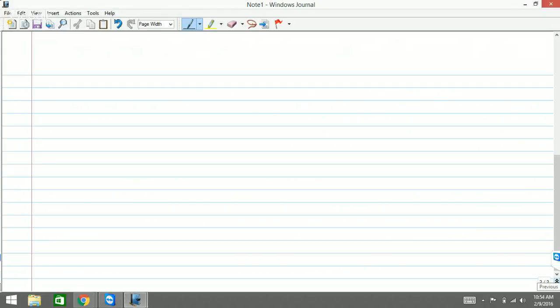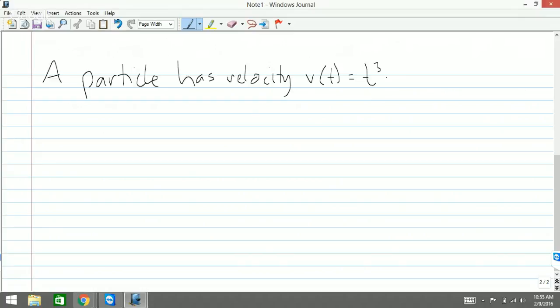All right. Let's look at a problem. So a particle. You're going to see particle motion problems a lot. It has velocity t cubed minus 10t squared plus 24t meters per second.